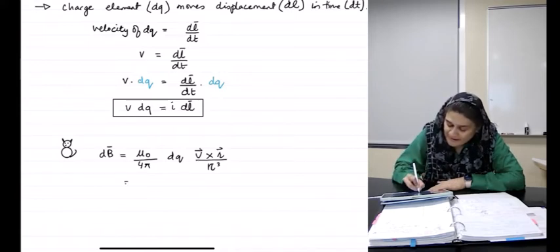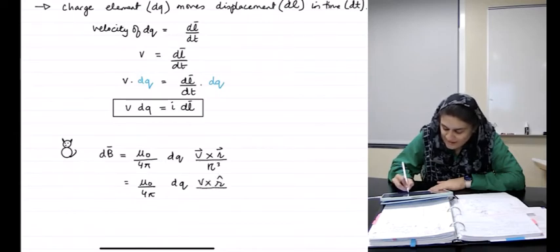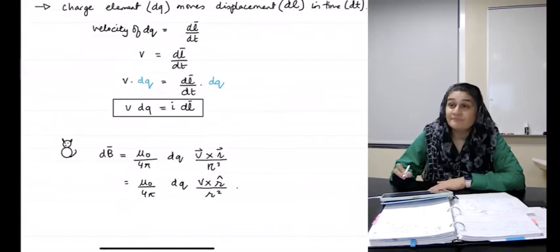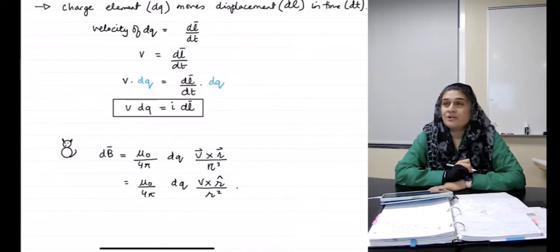May I rewrite this as mu naught over 4 pi dq v cross r hat divided by r squared? Understand the difference between cube and squared?